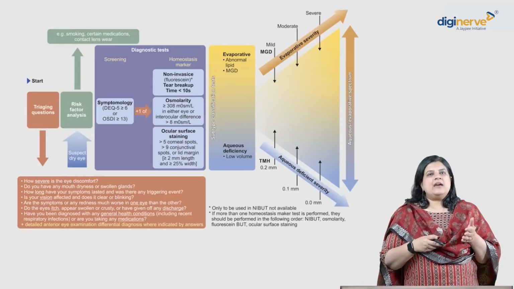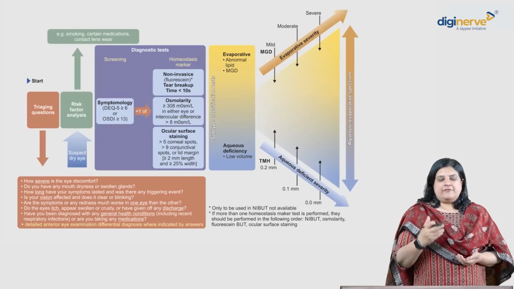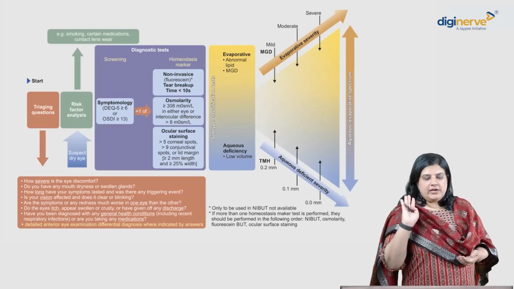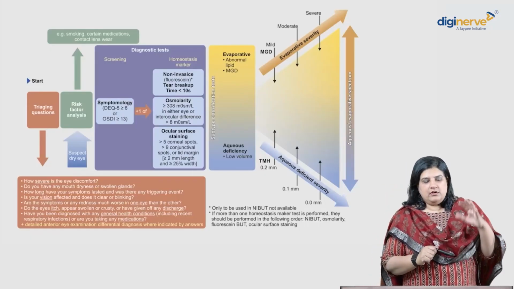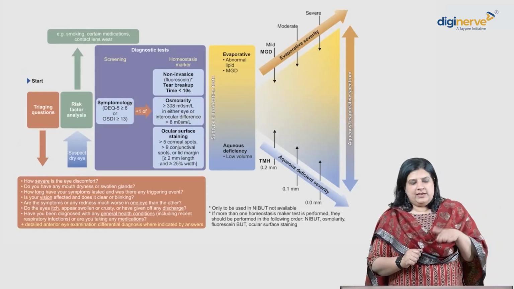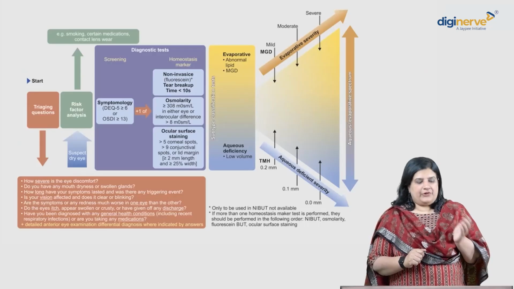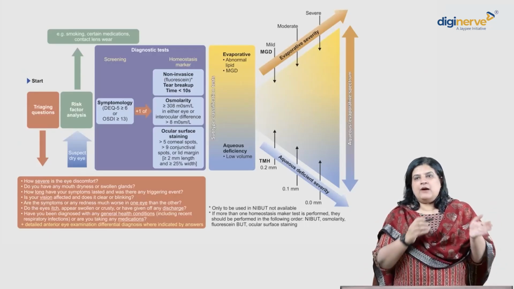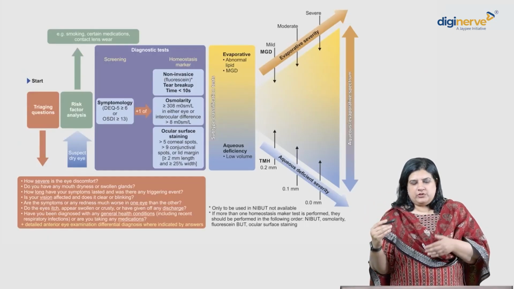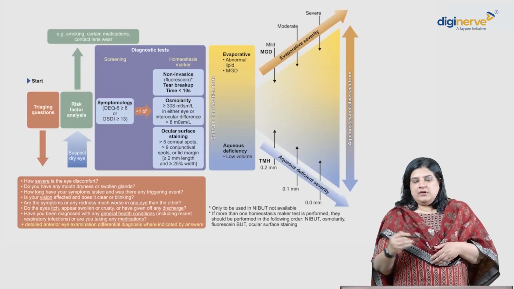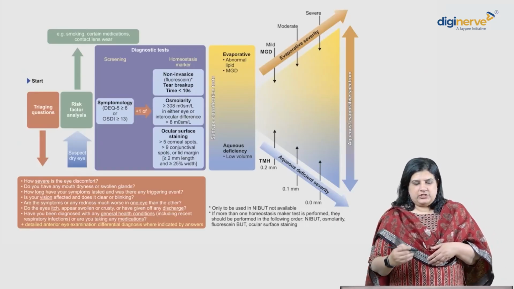Osmolarity tests can be done, but they are a little expensive and not commonly done. You can do ocular surface staining. So 5 corneal spots, 9 conjunctival spots on the conjunctiva or on the lid margin are significantly diagnostic of dry eye. So you have to triage your patients and see whether your patient has mild, moderate or severe dry eye, whether there is an evaporative element to it or if it is an aqueous deficient dry eye.